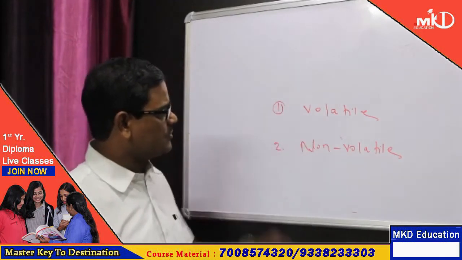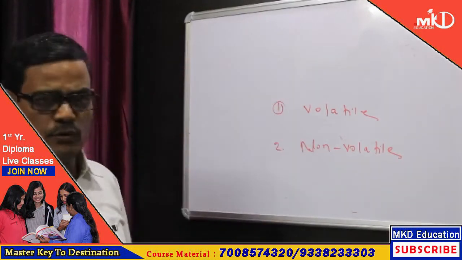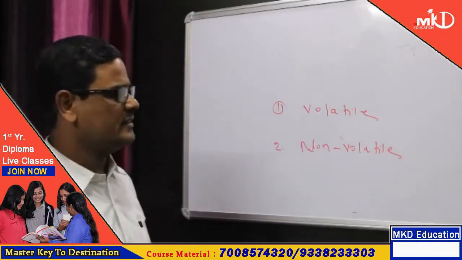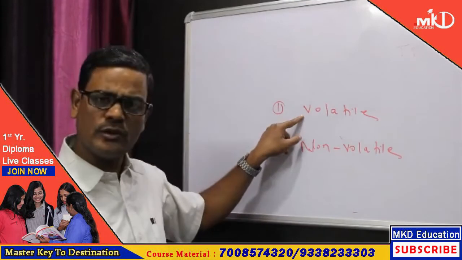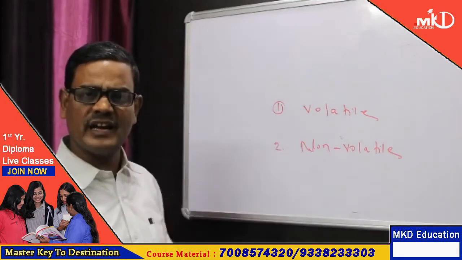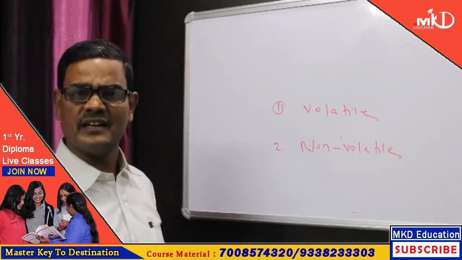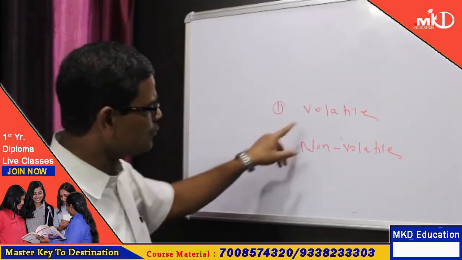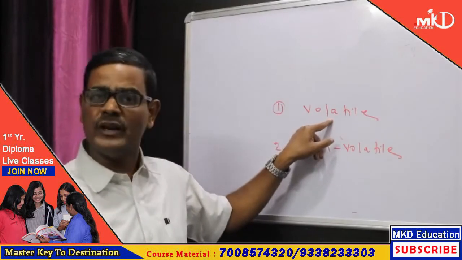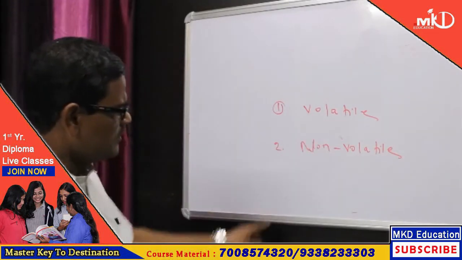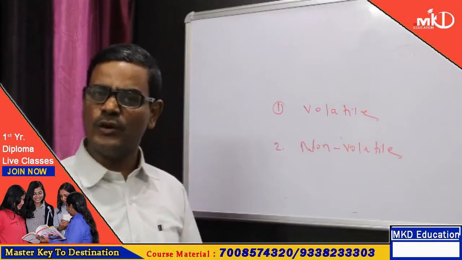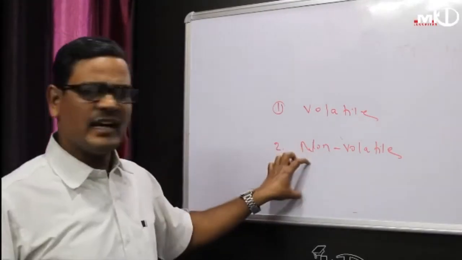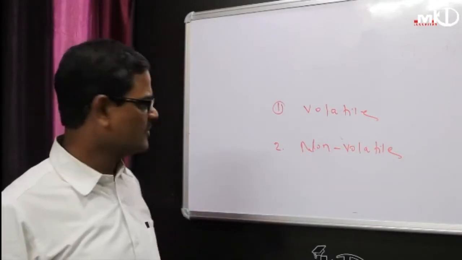Now let us start the discussion of volatile memory. Volatile memory is called temporary memory. Due to failure of the power supply, whatever data and instructions are there will be deleted or erased automatically. Another is non-volatile memory, where data is stored permanently.